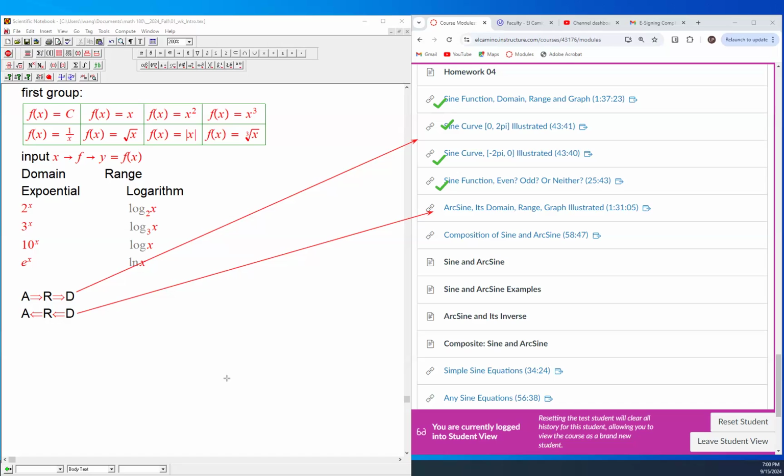So arc sine and composition, you're going to see both A to D and D to A. Two of them, they both involve. And last is D to A, which are here. You're going to see these in the next section, in the coming week.